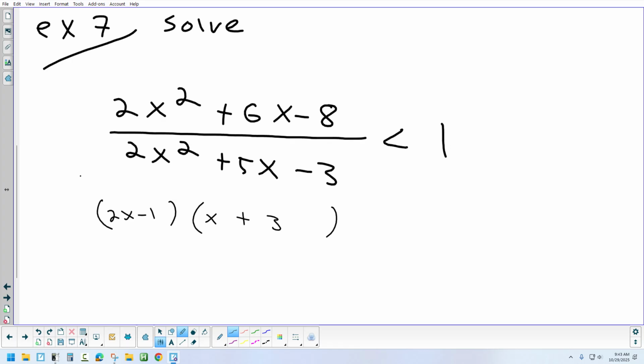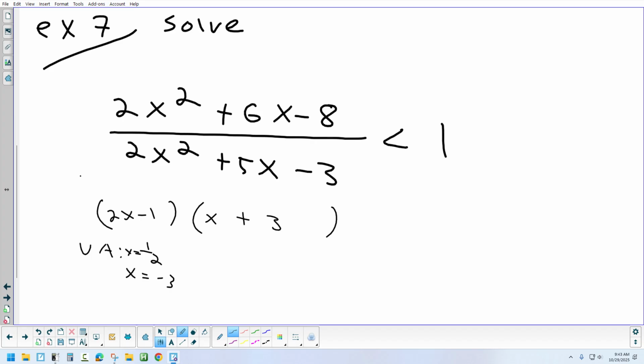So that means I'm going to have vertical asymptotes at what numbers? Yep. 1/2 and -3.